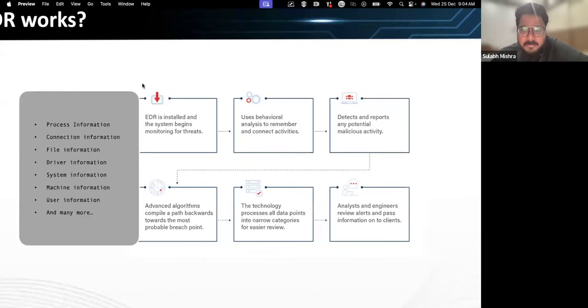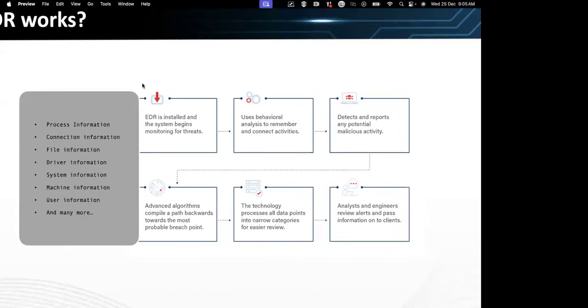What kind of information or data will be collected from an endpoint by an EDR? It can be process information, connection information, file information, driver information. You can see all the details on the screen. By just looking at it, you can understand one thing: it is collecting each and every piece of information that an endpoint can possibly generate.